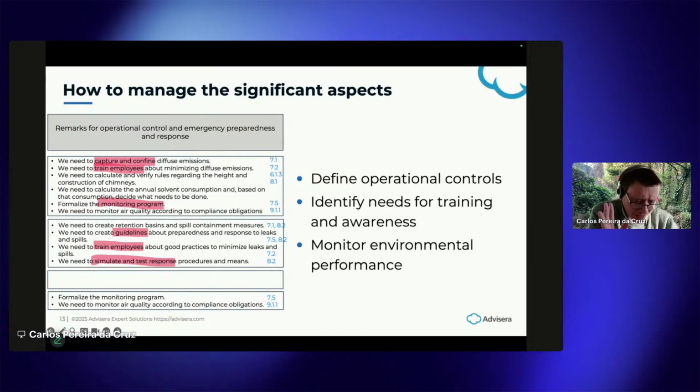So this is slide number 13. So the approach presented in slides 12 and 13, this one, prioritizes grounding decisions in the operational reality of the organization, okay? Instead of starting from abstract requirements or theoretical models, so things like, oh, the standard has a clause called 7.2, competence. Okay, we need to provide training.